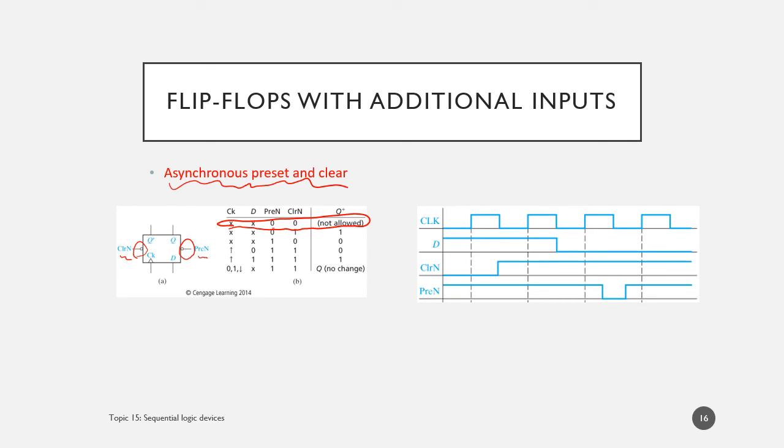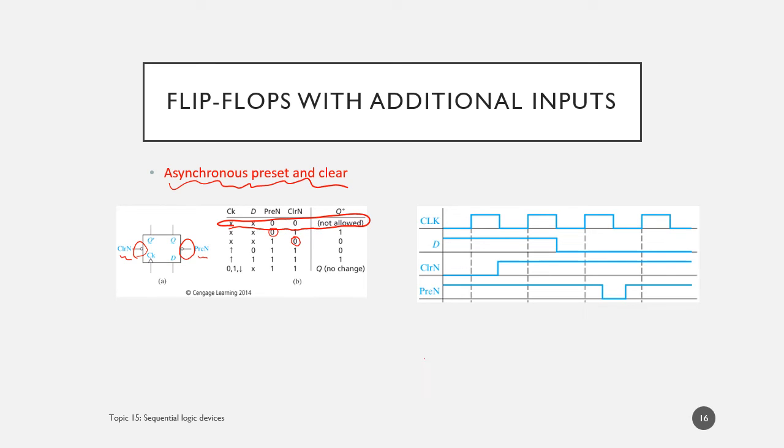But say I want my initial output to be 1. I just need to activate the preset input while deactivating the clear input. So 0, 1. This will set the initial output to 1. And if I activate the clear input, I can reset the initial value to 0.